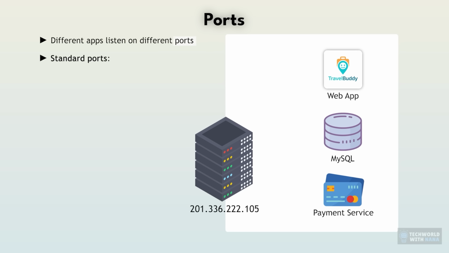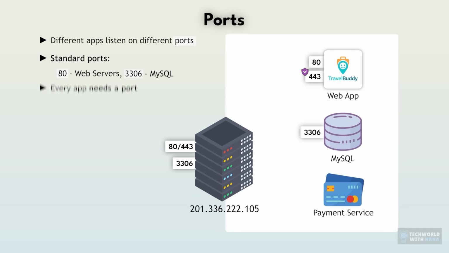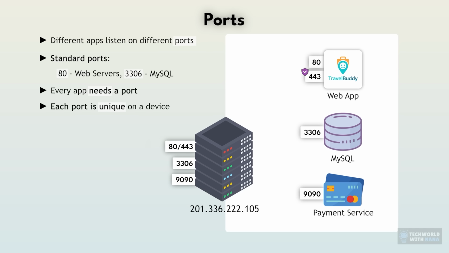The website is listening on port 80, which is standard for web applications, or for a secure connection, there is a standard port for secure web application connections on port 443. Then we have a MySQL database listening on port 3306. That's a standard MySQL port. And then we have some custom payment service that we decided to run on port 9090.